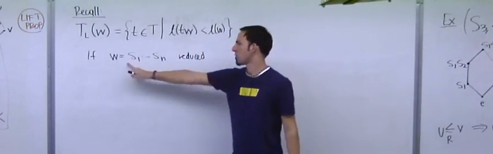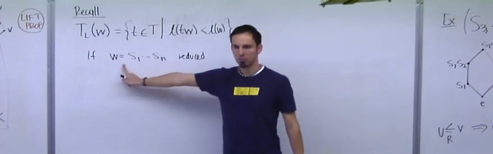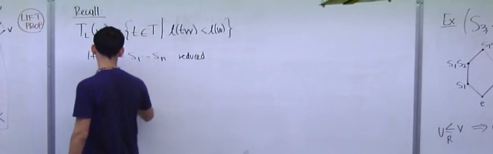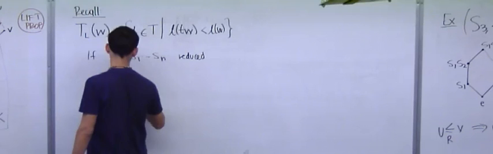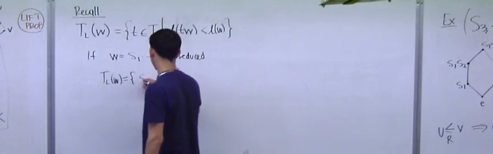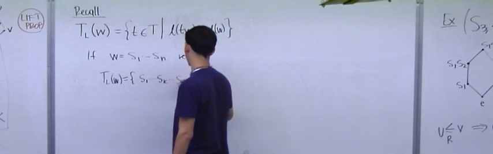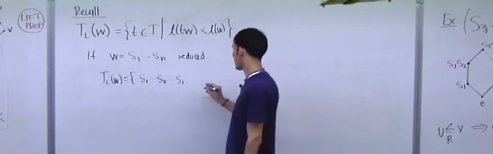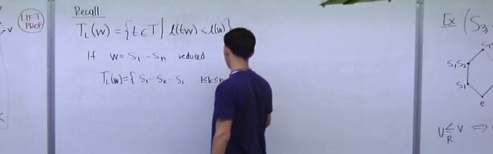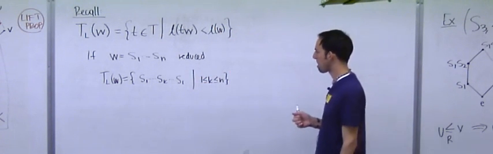They're exactly the ones obtained by starting at the beginning of the word, working your way up the word, and then back down the word. So we proved that this is basically the set of things of the form S1 up to Sk and down to S1, for 1 less than or equal to k, less than or equal to n.